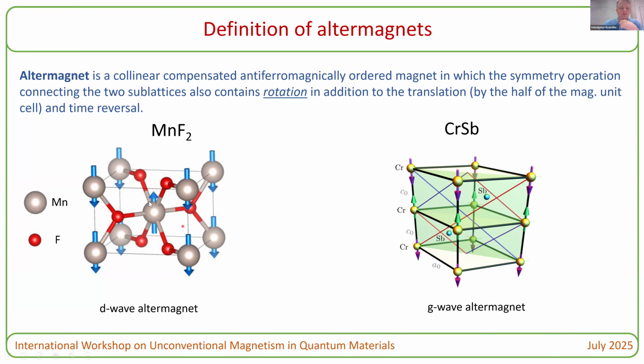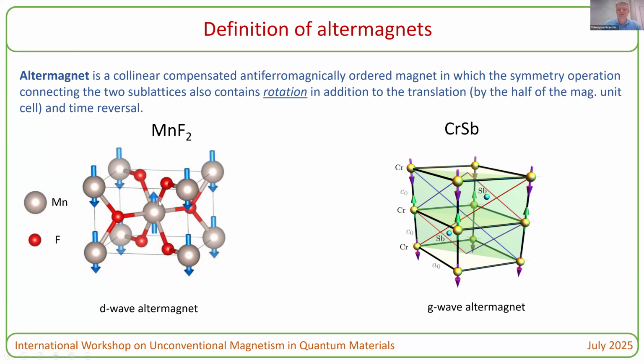And what is crucially important is that if we consider the other sublattice, these bonds, which can give us this possible superexchange interaction, are oriented at 90 degrees. So in this case, the symmetry operation which leaves the Hamiltonian of this system invariant contains not only the translation by half of the magnetic unit cell and time reversal, but also it must contain a rotation.